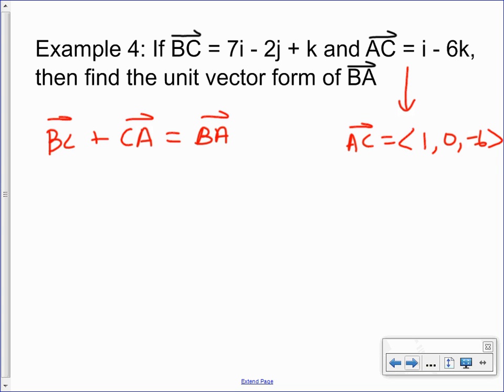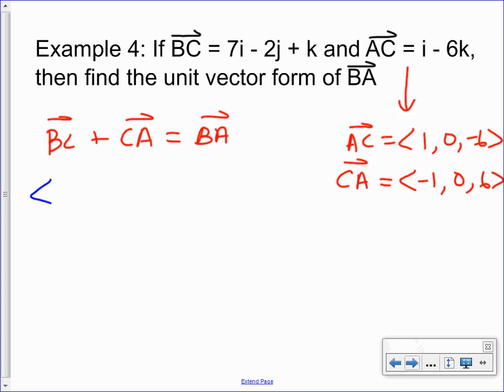The only reason we didn't do it last time is because we were just working with individual components. So for this one, to find CA, it's going to be negative 1, 0, positive 6. So switch the signs. All right.